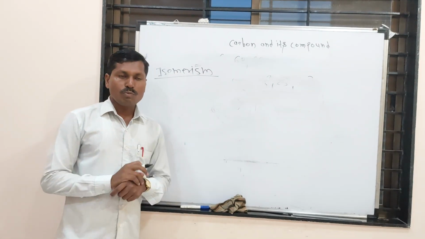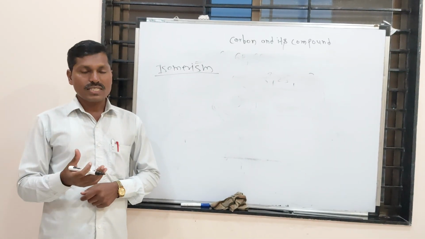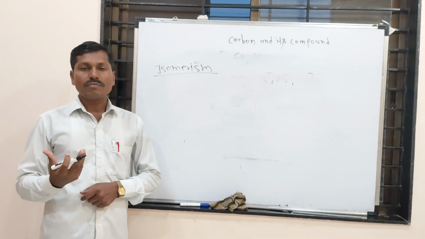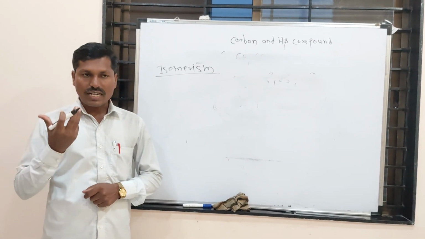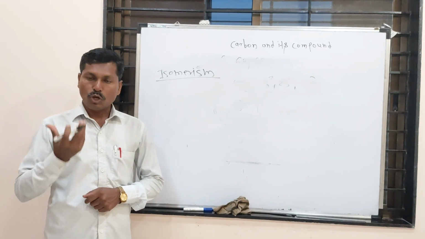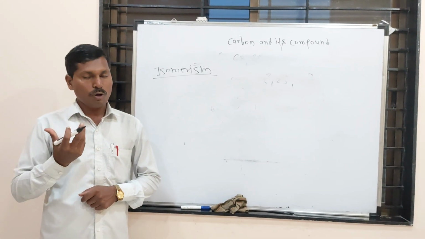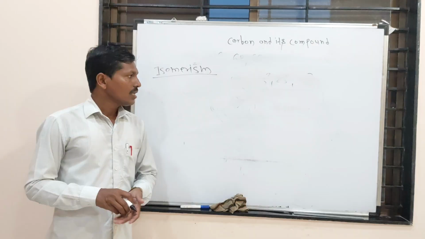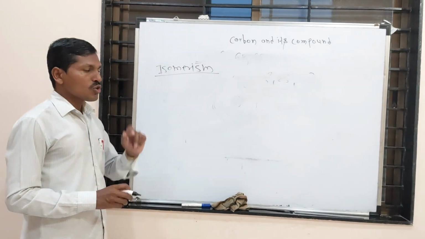As we discussed, carbon is very popular, or called versatile in nature, due to the property of tetravalency. This is the second property, isomerism.